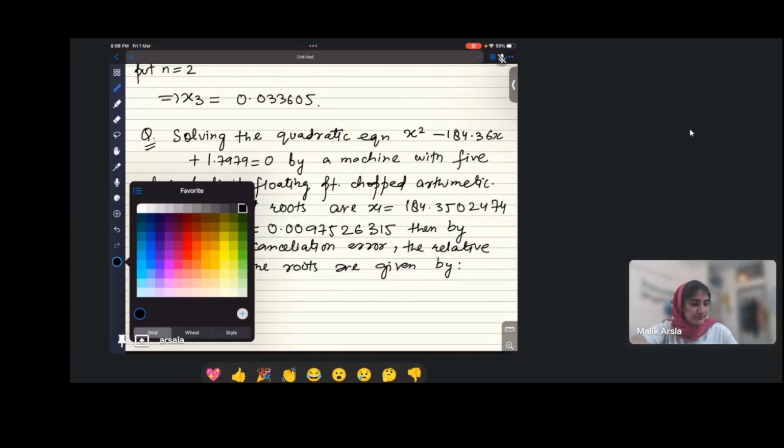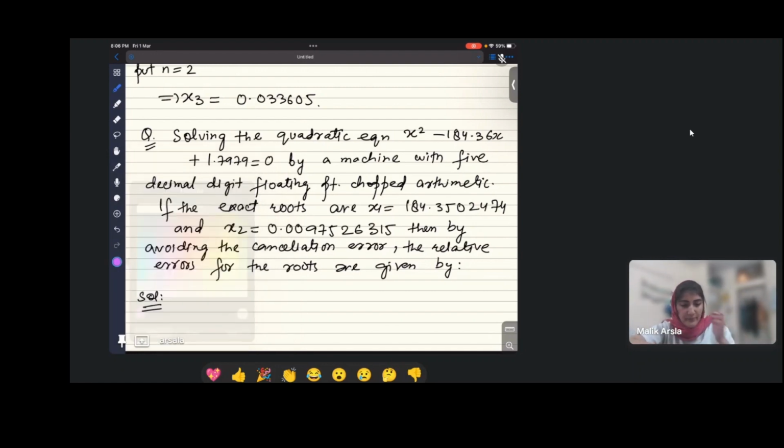X1 star is, because it's a 5 digit machine, 184.35 with chopped. Then X2 star will be 0.0097526, chopped to 0.009752.